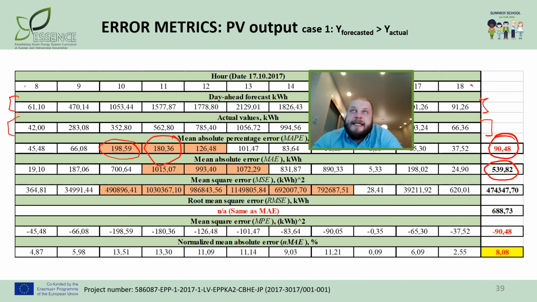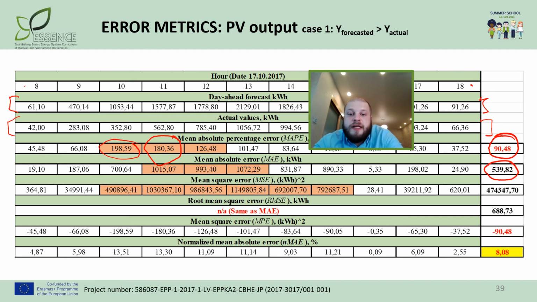Well, it sounds like even worse than random guessing. Yeah, and for this reason, it is obvious that mean absolute percentage error is not the best quality metric for the problem under consideration.